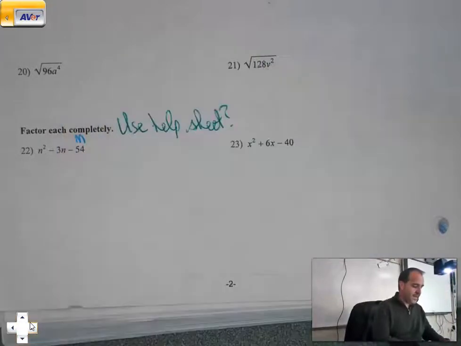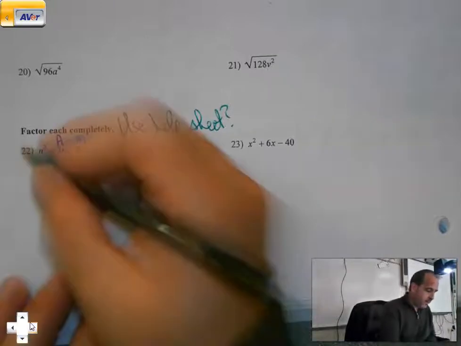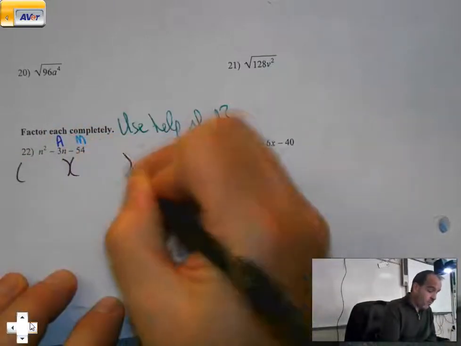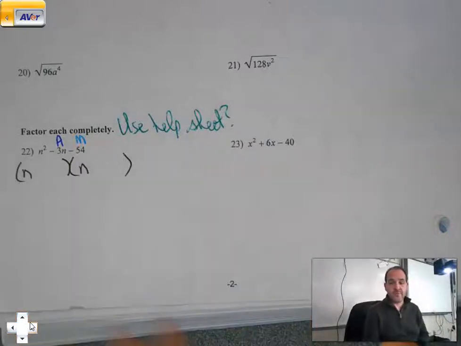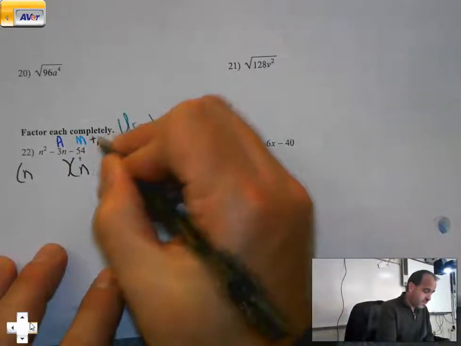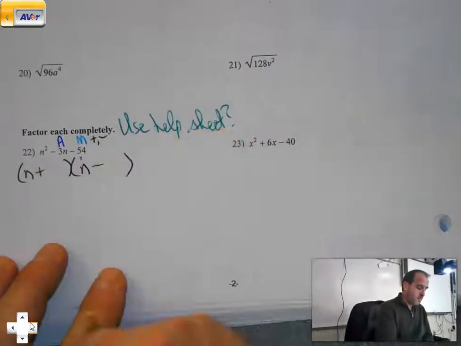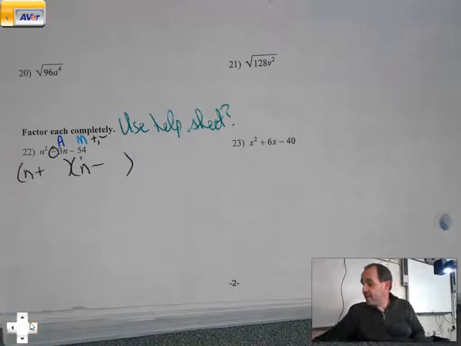So we're multiplying to get the number on the end, and we're adding to get the number in the middle. And as we've said over and over with these, there are always going to be 2 clues in every problem before you start worrying about numbers. Multiplying to a negative number means there's one of each sign. The middle coefficient value is negative, which means the bigger number is going to be negative.